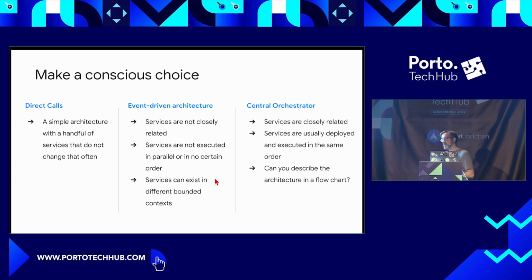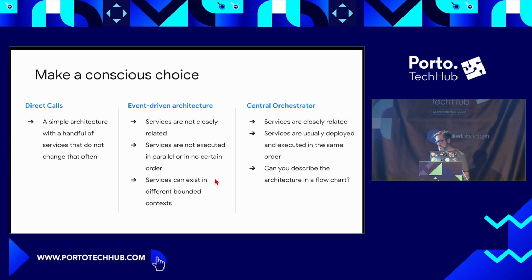And with the central orchestrator approach, you should use central orchestrators when the services are more closely related for a particular business context, business transaction. And usually, especially if you know there's a particular sequence or organization between those service calls, then it might be a good point, again, to use orchestration.